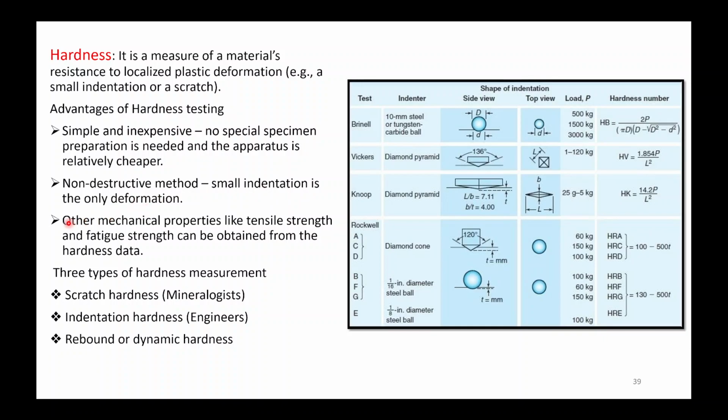Other mechanical properties like tensile strength and fatigue strength can be obtained from the hardness data. There are some empirical relationships for steels and copper based materials which can give you these strengths as well.